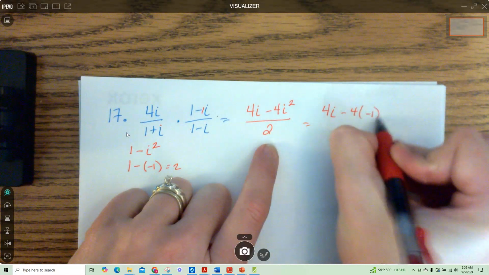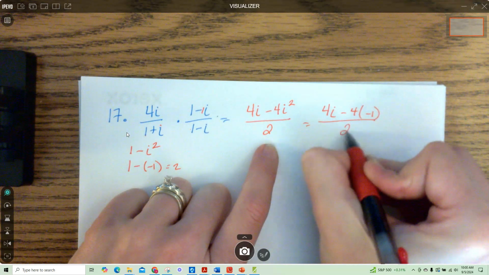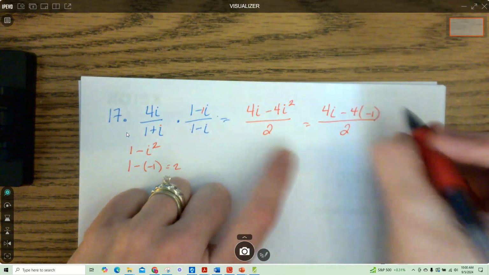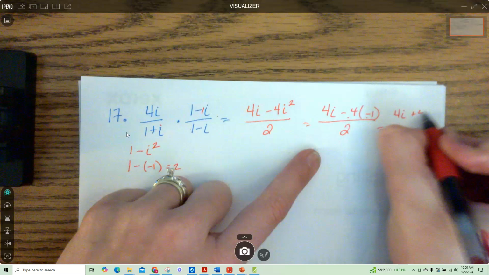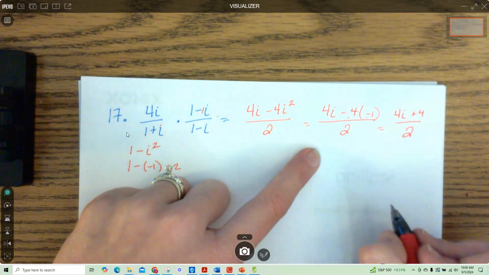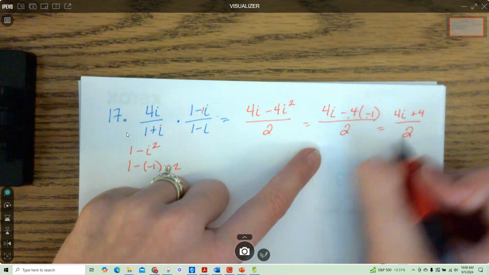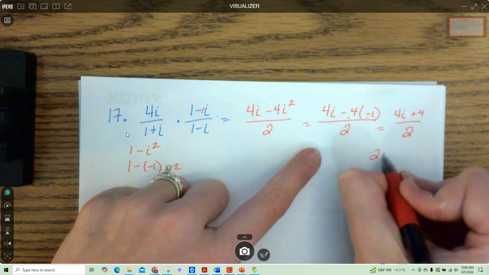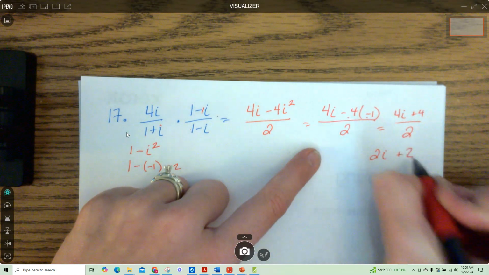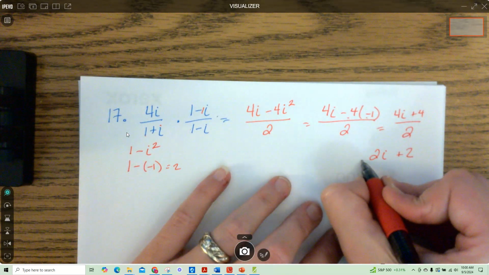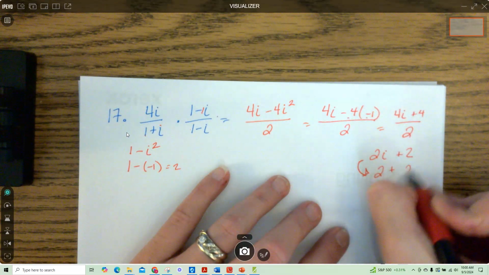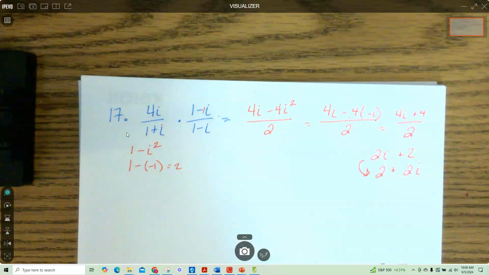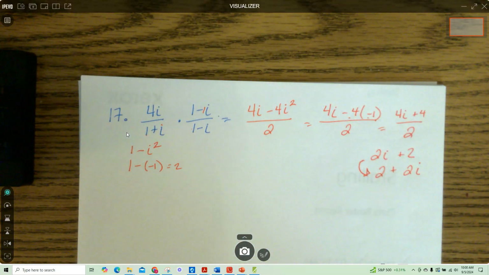So i squared is a negative 1, and so this would be 4i, negative 4 and a negative 1 is a positive 4. All right, so if we simplify by 2, we get 2i plus 2. But again, standard form, you have to flip it around. 2 plus 2i. Was that right, Joseph?